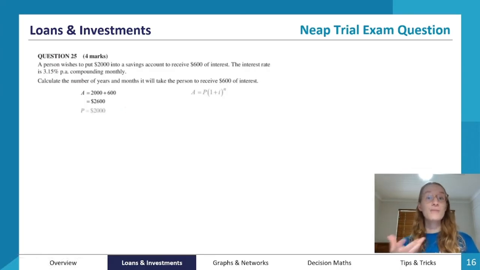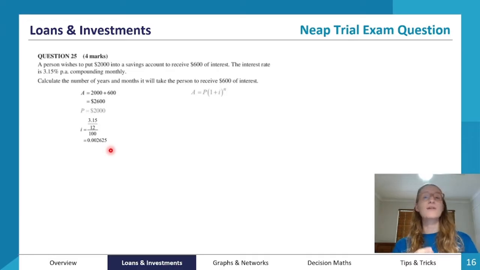We also know P, the principal, because we're told how much they're going to invest. So we know that the starting point is $2,000. And we can also calculate I. They've arranged their formula slightly differently here, but it's still the same effect as what we've been talking about. So what they've done is they've taken the interest rate per annum, which is 3.15%, and then think of it like they've divided it by 100, and they've also divided it by 12, which is the number of compounds per year.